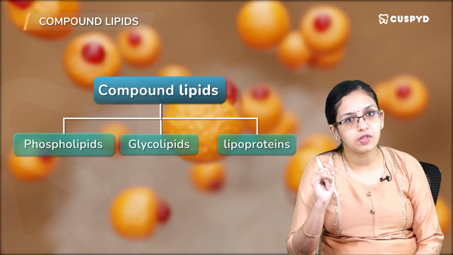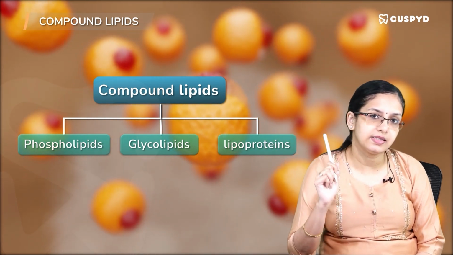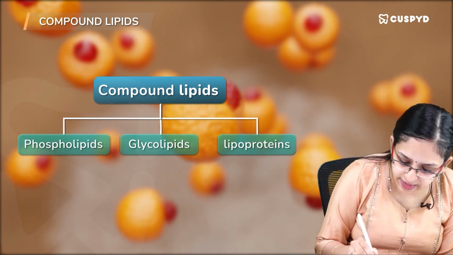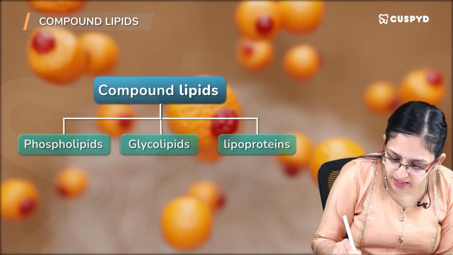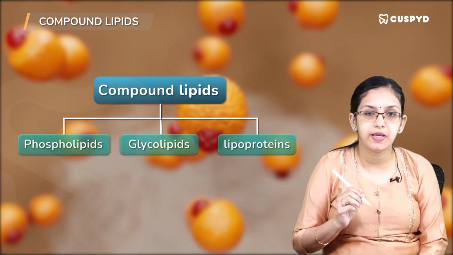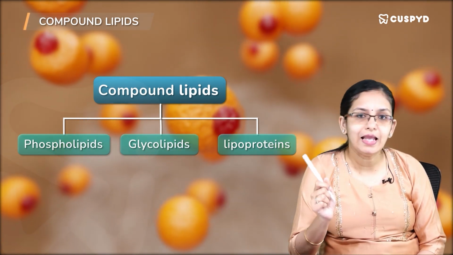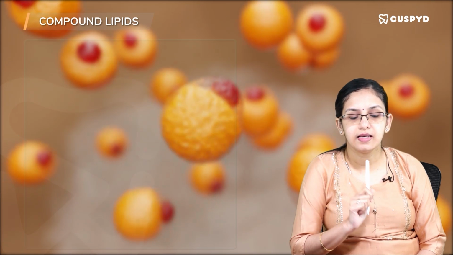First is phospholipids. As the term indicates, these lipids contain a phosphate moiety. They contain phosphoric acid as well as a nitrogenous base. You have to remember that this is in addition to alcohol and fatty acids.